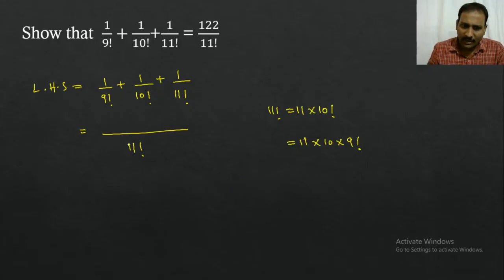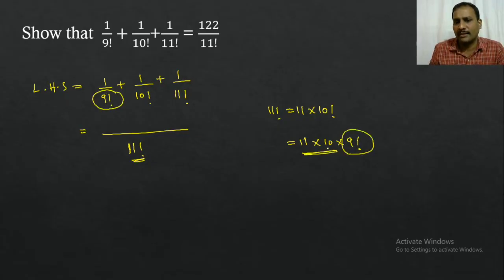Now to get 11 factorial, with what should we multiply this 9 factorial? If you observe here, we should multiply with 11 into 10, that is 110. So 110 into 1 is 110 plus, to get 11 factorial, with what should we multiply this 10 factorial? Here if you observe, with 11 we should multiply.